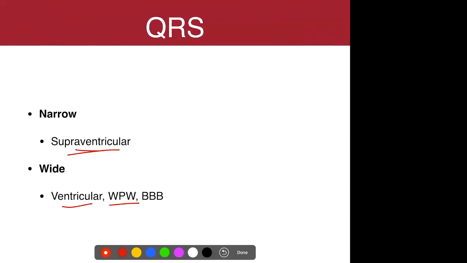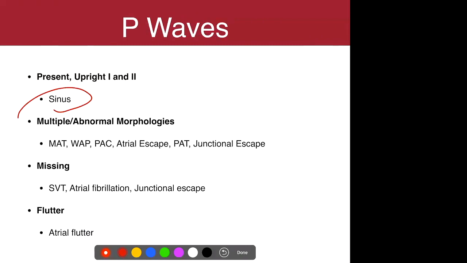Basically, you're looking for the rate, the regularity, and then we're going to start looking at these intervals, QRS being one of those. P waves would be the next thing we can look at. If they're present, and they're upright in leads 1 and 2 and inverted in aVR, then we've got a sinus rhythm, right? If we've got P waves with multiple or several abnormal morphologies, we're talking about things like MAT, multifocal atrial tachycardia. Maybe it's a single beat like a PAC or an atrial escape beat, or these atrial escape rhythms that have abnormal P wave morphologies.